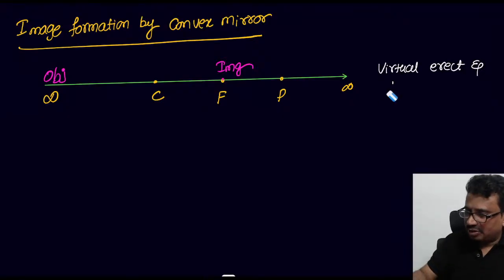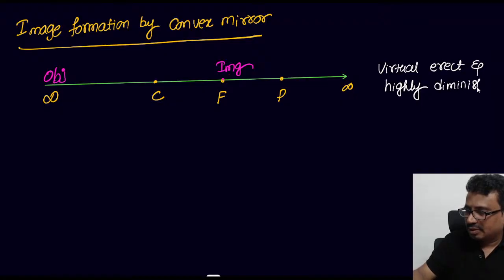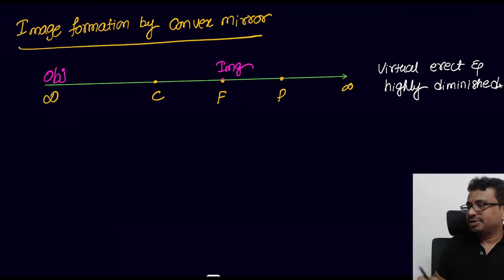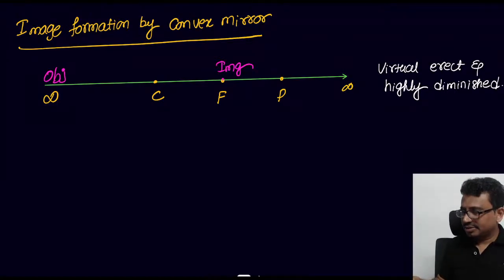Since the distance is very long, we can say this is highly diminished. Highly diminished image in this case.